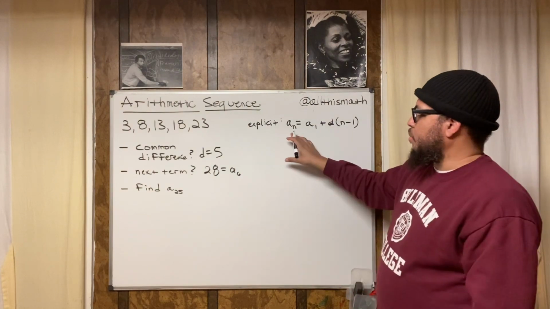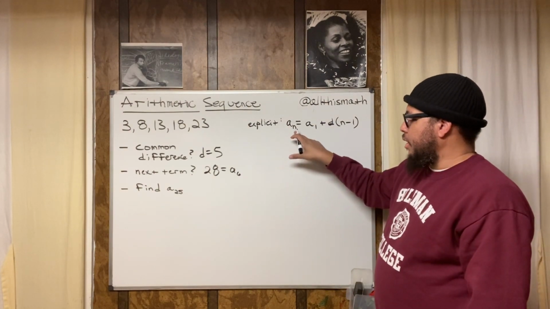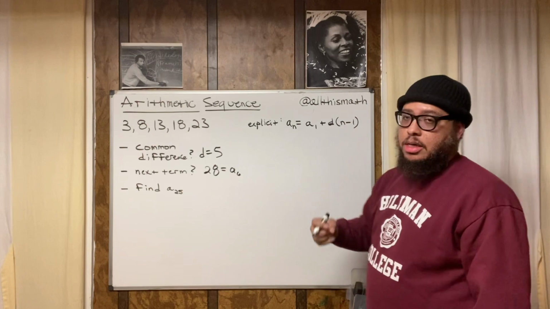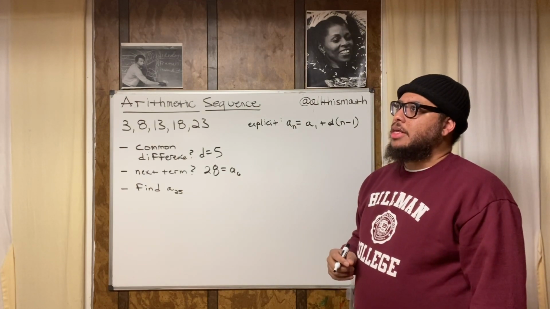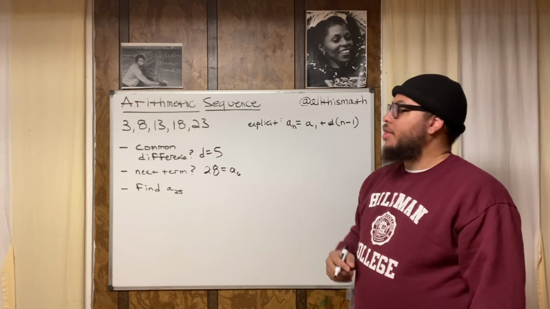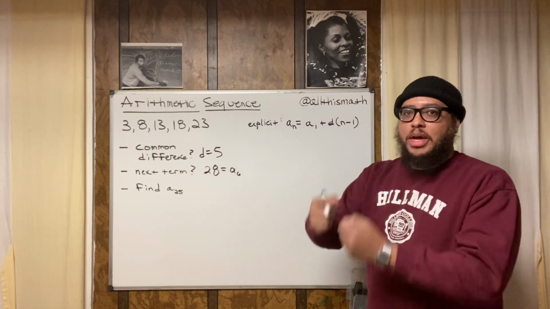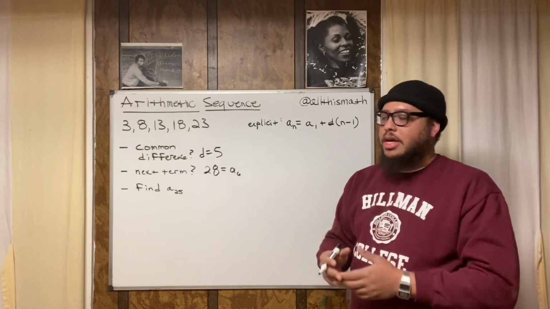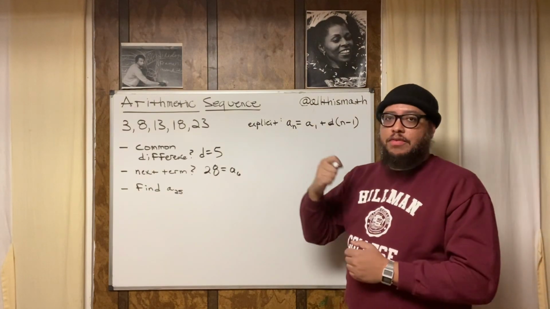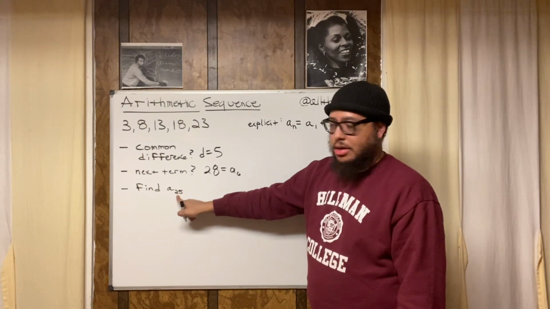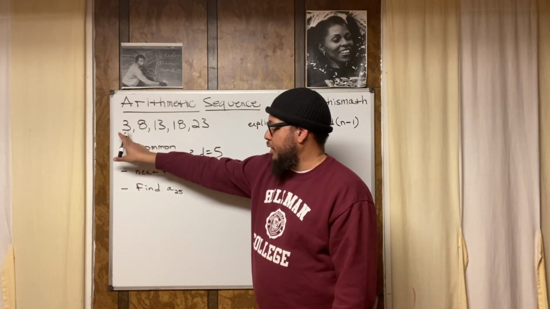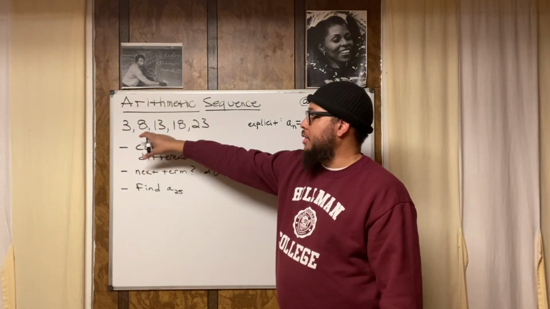But the explicit formula says a sub n, and n represents the location of the number that you're looking for. So we're looking for the number in the 25th place, right? Like this number is in the first place. That's why it's a sub 1. This number is in the second place.